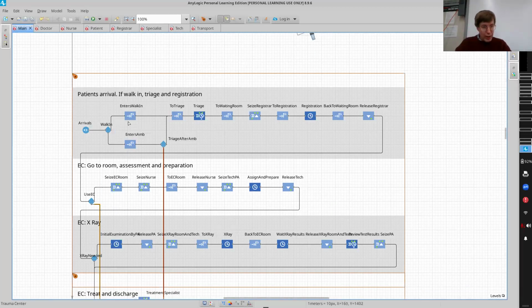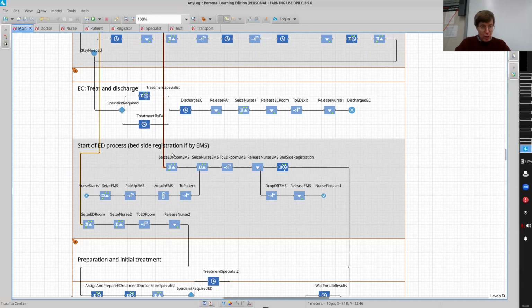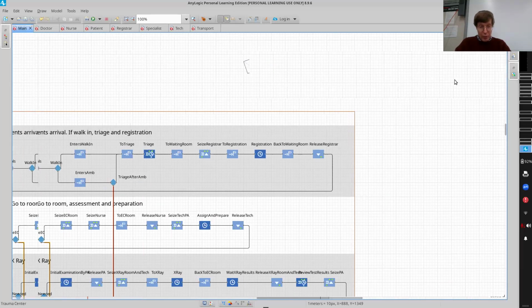People arrive either via walk-in or via ambulance, and there's a different triage process for ambulance associated with the emergency department versus for walk-in individuals, who go through registration and go to a waiting room.